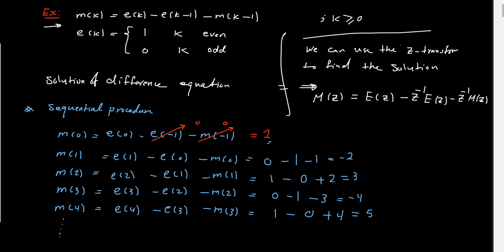If we do separation of variables, we can write M(z) equal to (z minus 1) over (z plus 1) E(z). Now we need to evaluate E(z) from E(k).